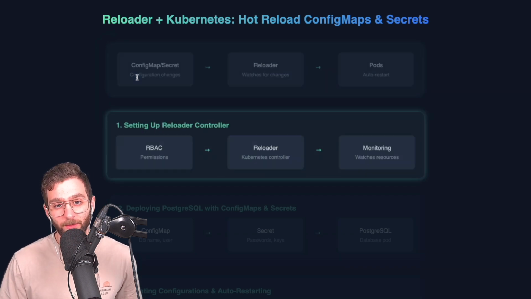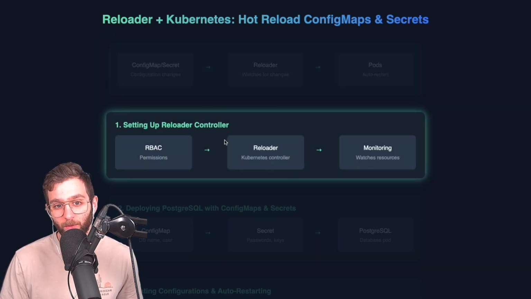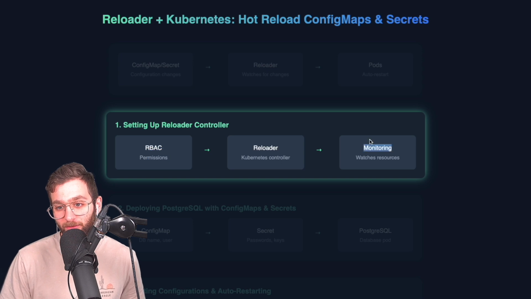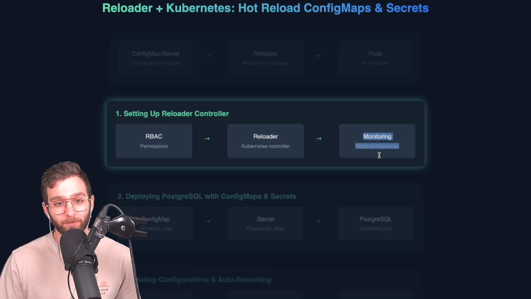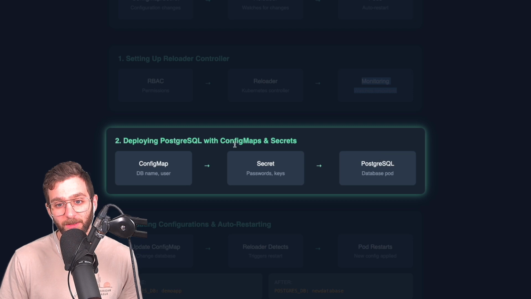In module 1 of this lesson, we're going to set up the Reloader controller and give it the necessary permissions that it needs to monitor configuration resources in order to detect whenever the data inside of ConfigMaps and secrets get updated. Once we have that set up, in module 2, we're going to deploy a proof of concept.